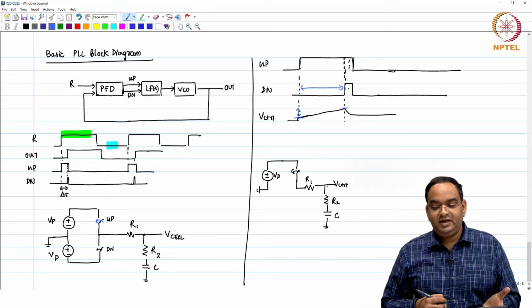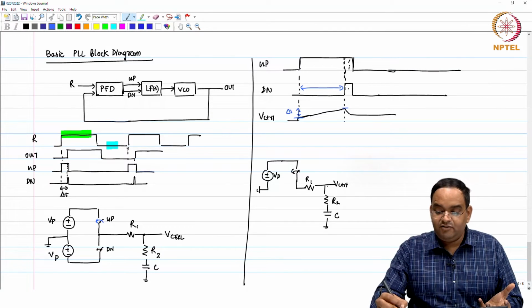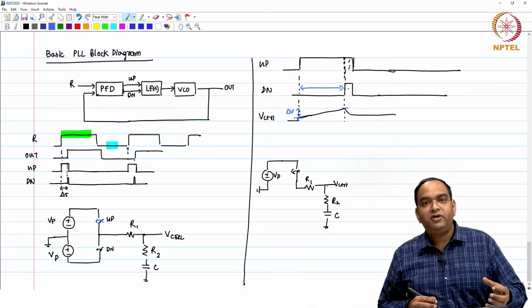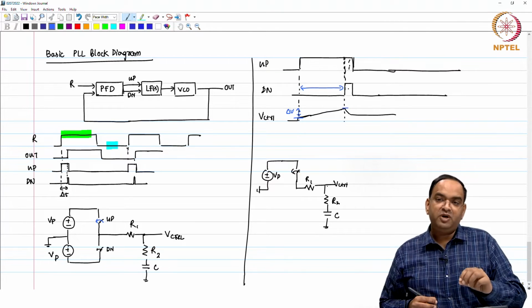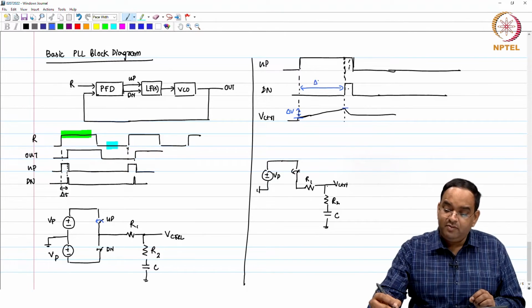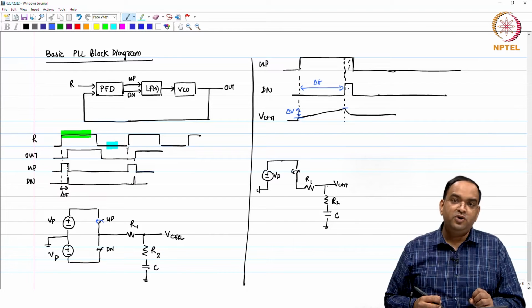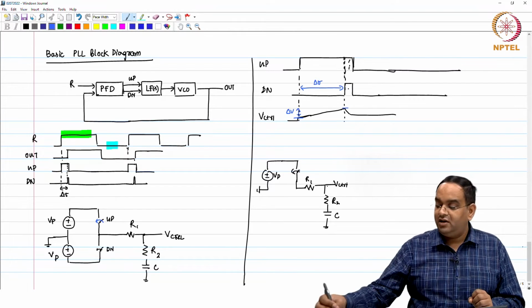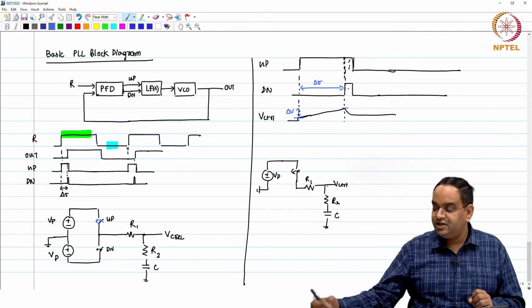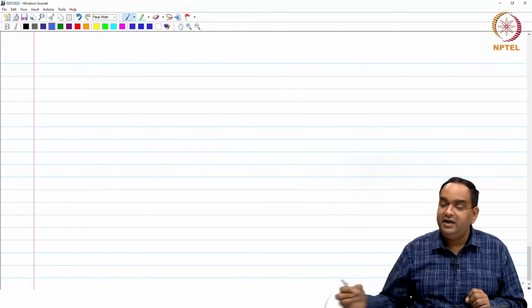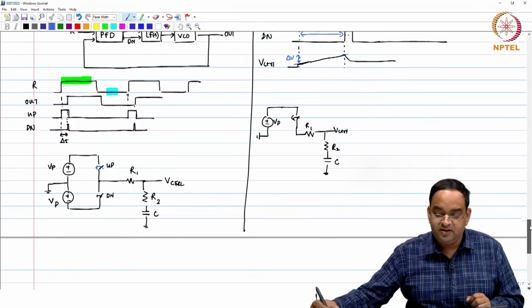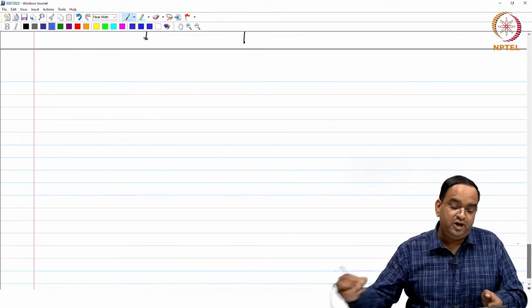So, effectively, this delta V is going to be proportional to the time delta t, the phase error which you have. Okay. So, this is a voltage based implementation for the phase error to the control voltage.